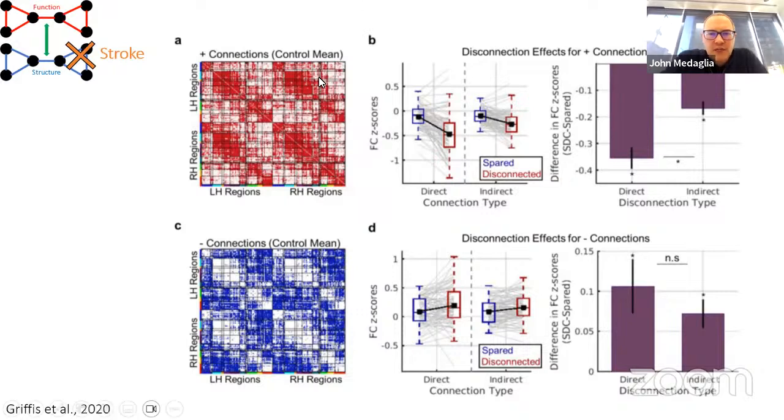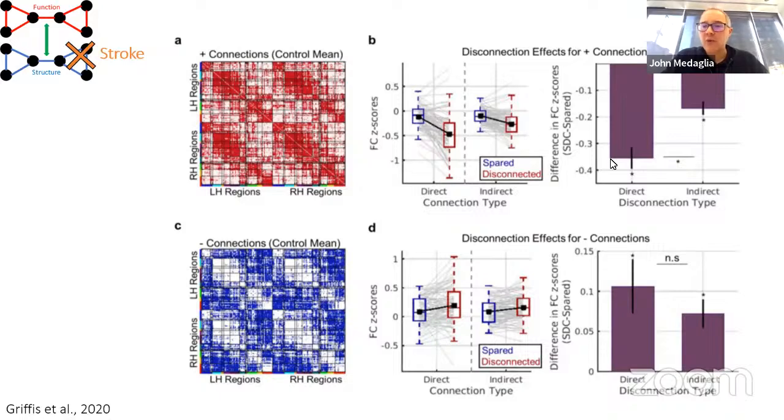So again, there's a lot of sophistication in this paper that I could take a while to dig into. We could journal club that. But I think in a nutshell, what we're looking at is positive and negative connections. And then when you start asking about these spared and disconnected regions, you can see different trajectories in where the function goes. And so this was the main innovation in that space.